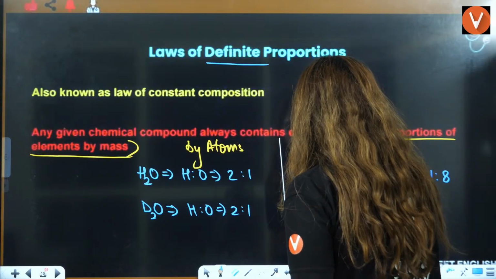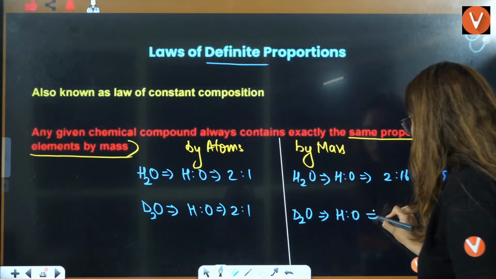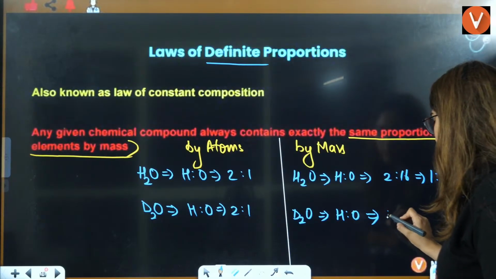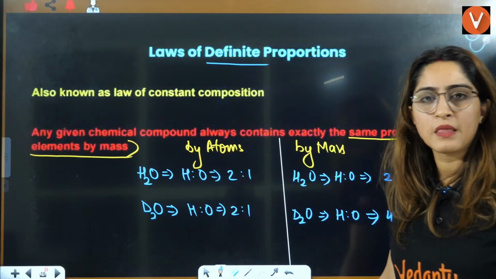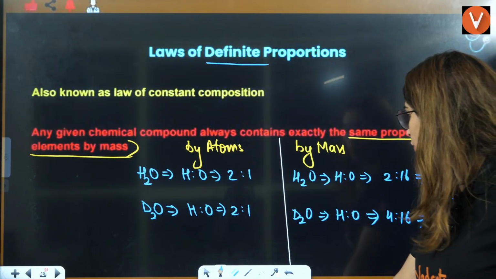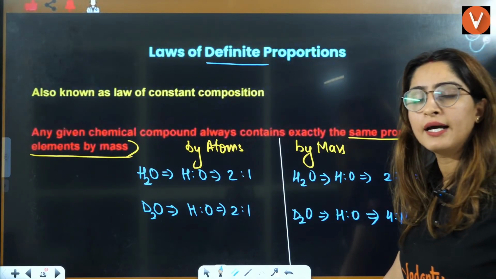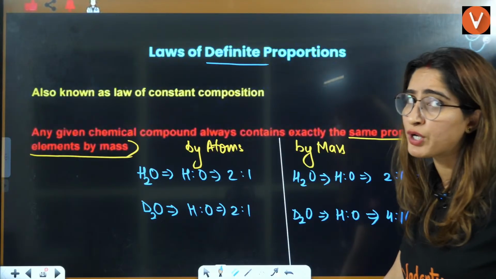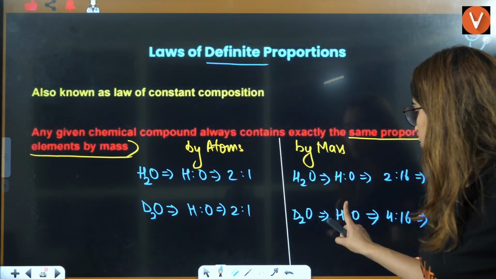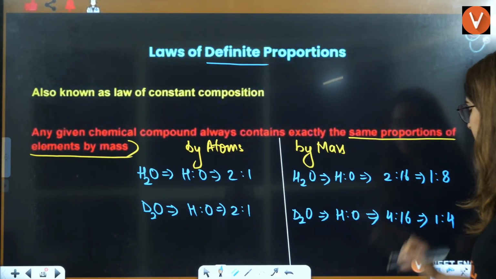For D2O, hydrogen to oxygen is going to be 4:16, because you have one neutron and one proton, so the mass is going to be 2 for one deuterium. So 2 into 2 is 4:16, that is 1:4.